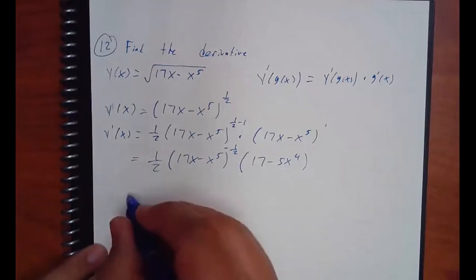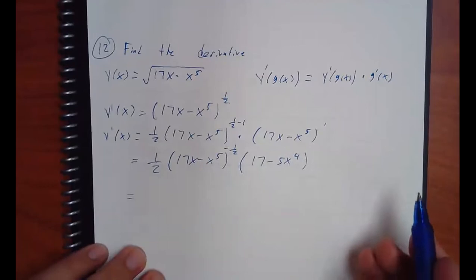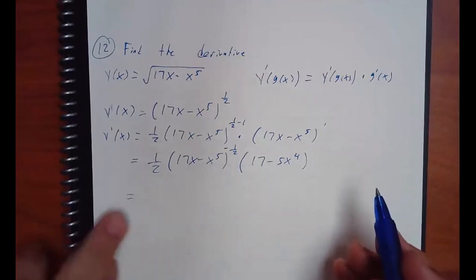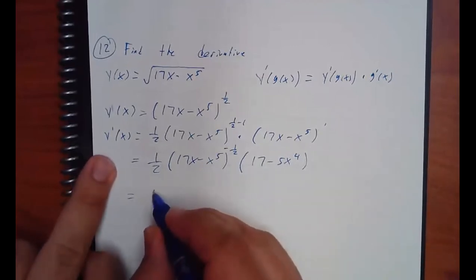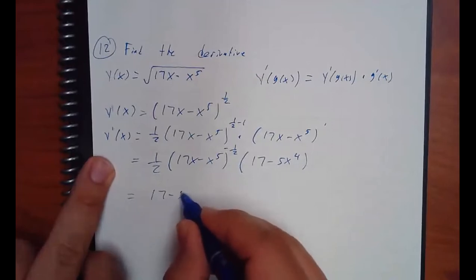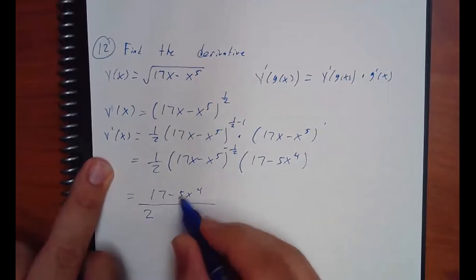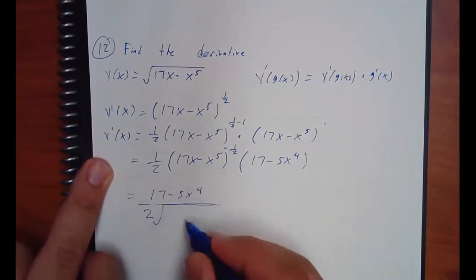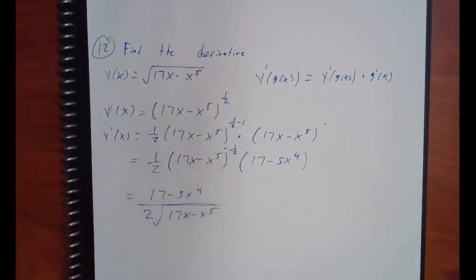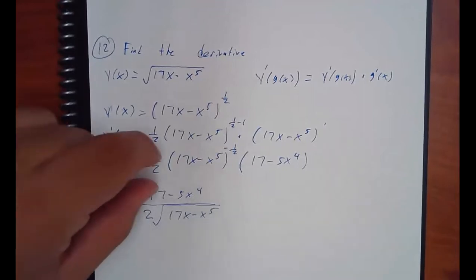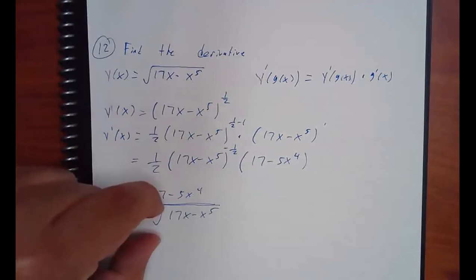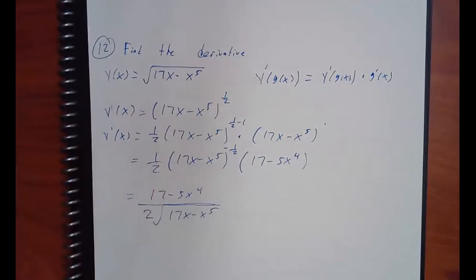At this point, you just make it look pretty because the calculus step is done. So this stays on top. This half is technically down here. This is the square root. So you could leave it this way. And you bring down the negative power at the bottom, change it back into a radical.